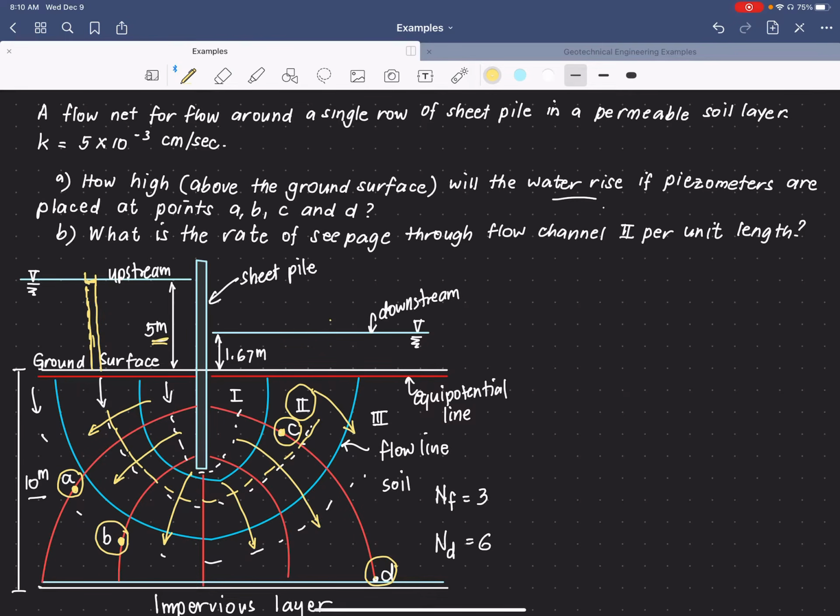If we place a piezometer here, water will rise at a height of 1.67. So for us to determine the height of the water in a piezometer, we have to place a piezometer at the selected points.